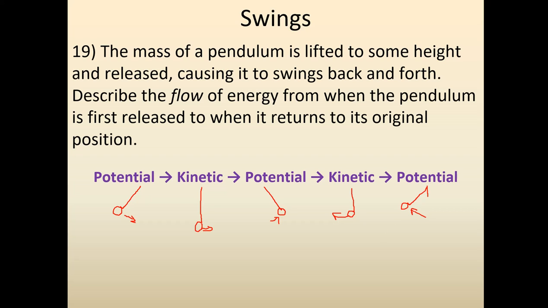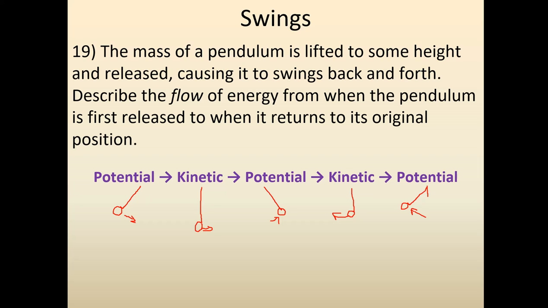It starts at potential on the left side, let's say, comes all the way down to the bottom, goes all the way to the right up to some height again, so it's got that potential back, goes back to kinetic, goes back to potential as it returns. So the main idea with the pendulums is that it's a visual aspect of the transfer of energy from potential to kinetic and back and forth.